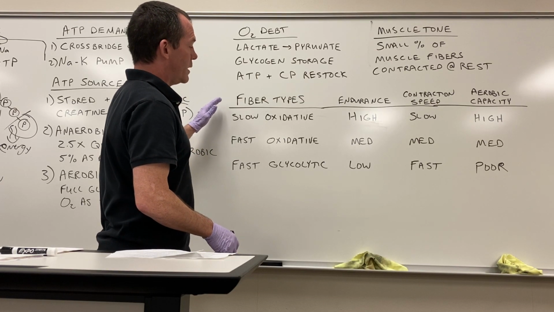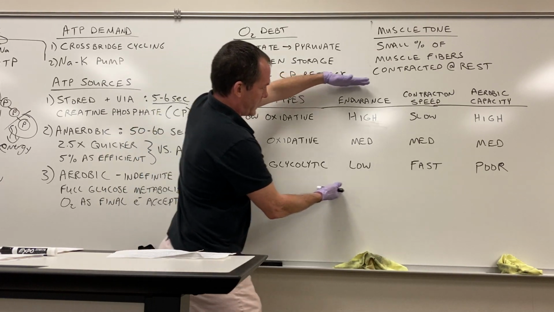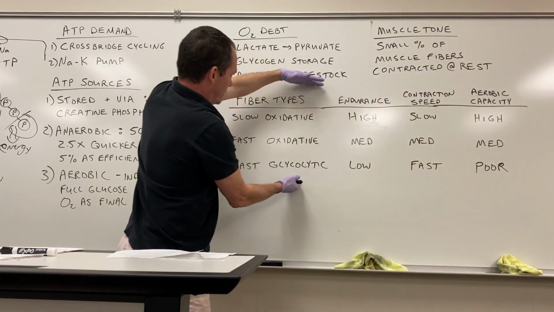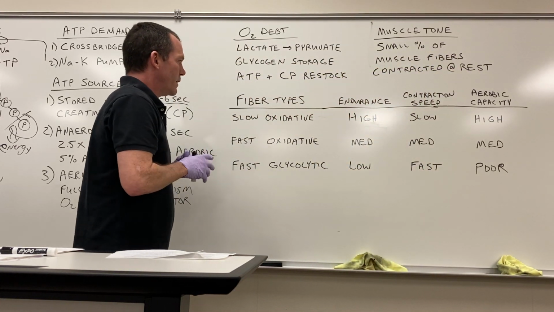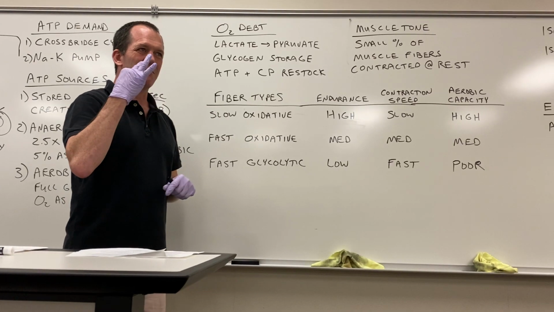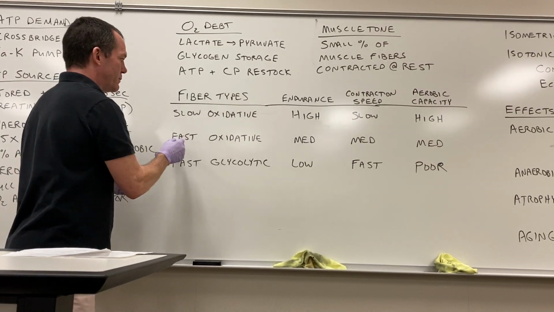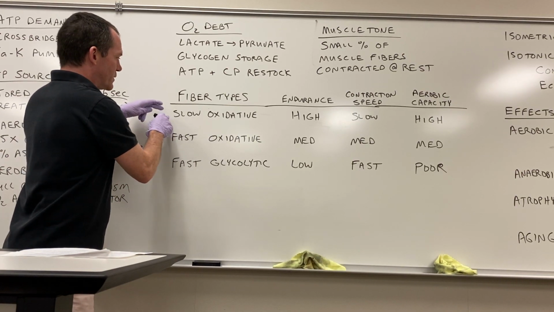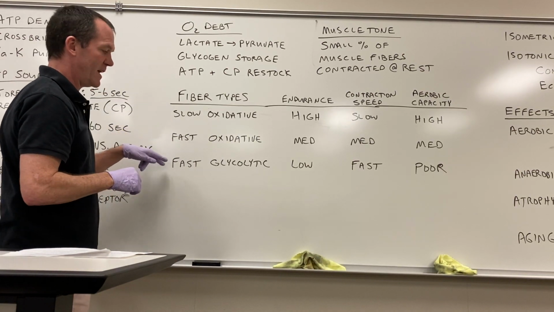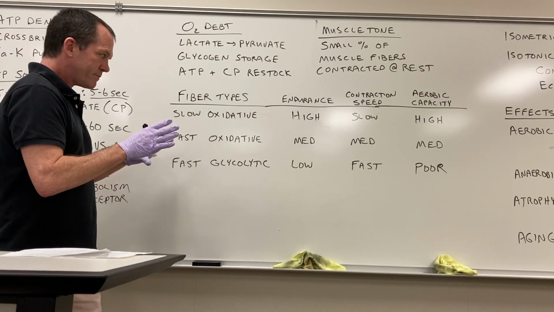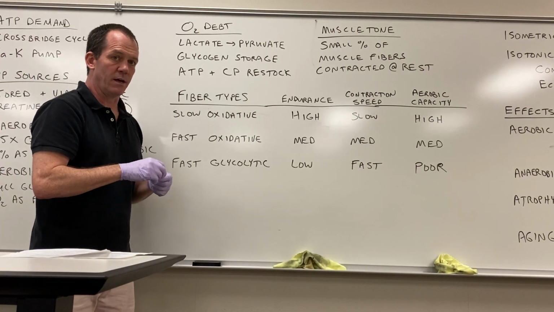Okay. Let me move to this little section right here, this little table I've made here. There are 3 basic muscle fiber types. And remember, fibers are cells. 3 basic fiber types. Classes. There's slow oxidative, fast oxidative, and fast glycolytic. Well, these terms describe themselves.